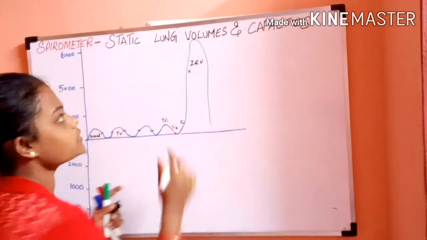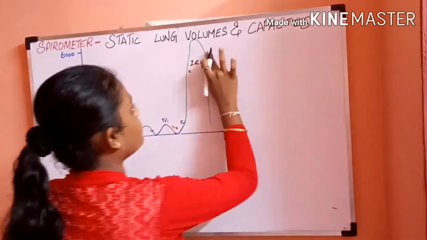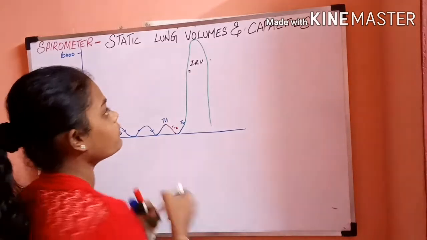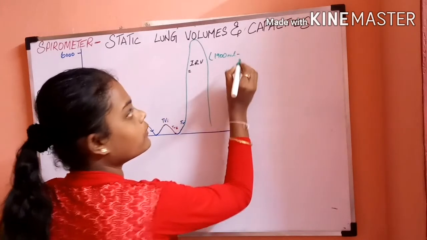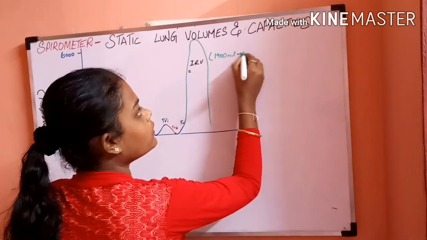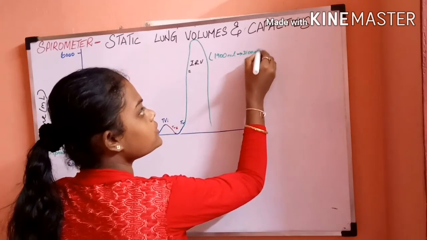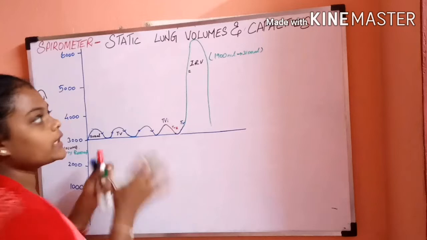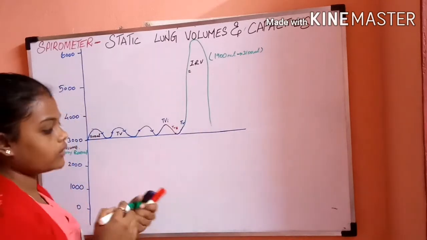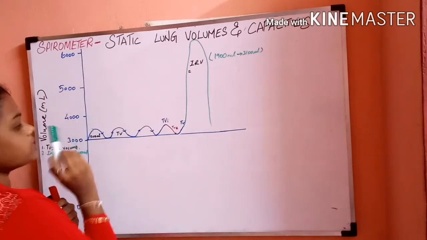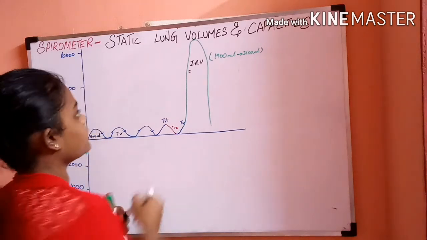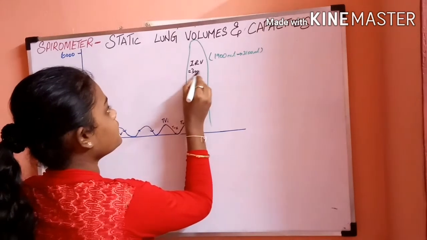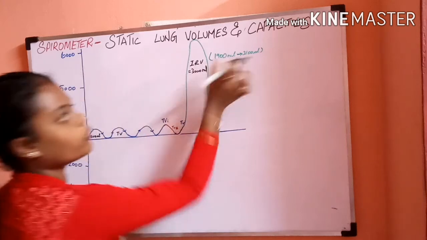This is the normal volume, 1,900 ml to 3,100 ml, but நம்ம இப்போ எடுத்துக்க போறது 3,000. அதாவது 6,000 minus 3,000, 3,000 எடுத்துக்க போறோம். So here is 3,000 ml normal volume, right?